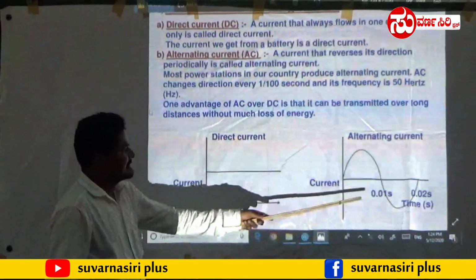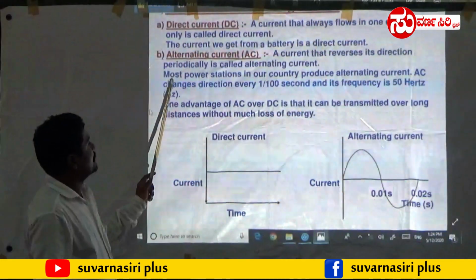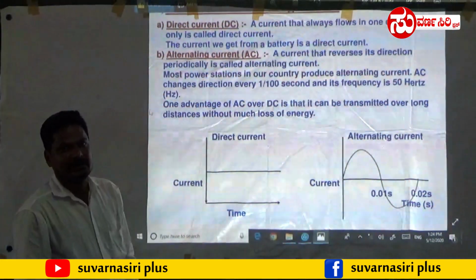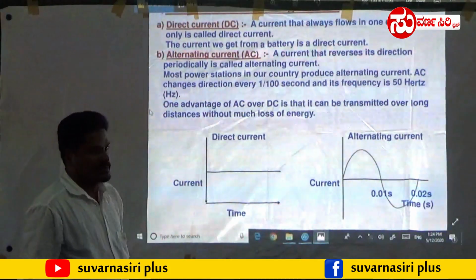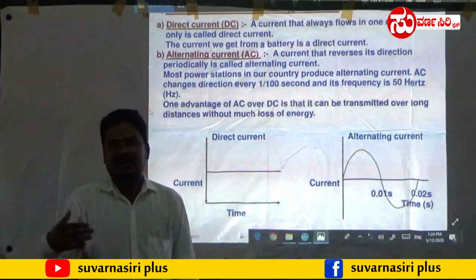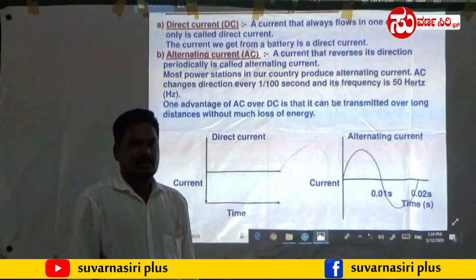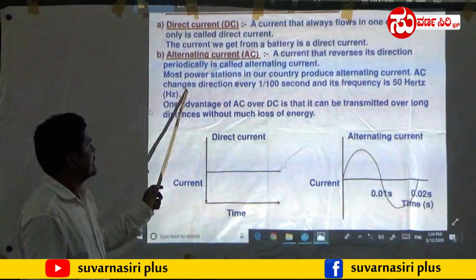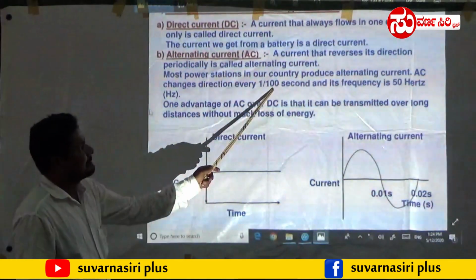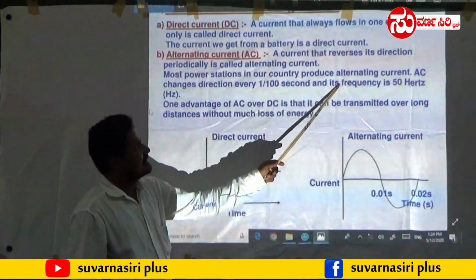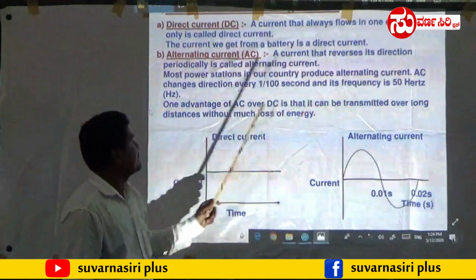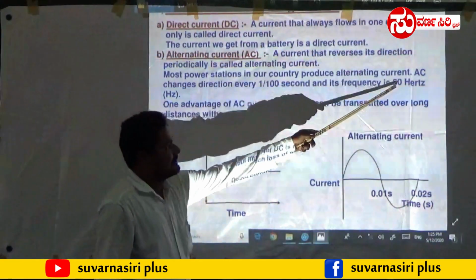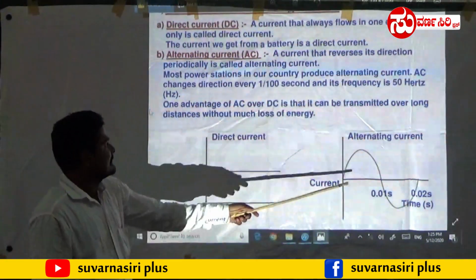Most power stations in our country produce alternate current only, like hydraulic power stations and thermal power stations. Its direction changes every 1 by 100 second and its frequency is 50 hertz. So we are getting 50 hertz frequency of electric current in 1 second.